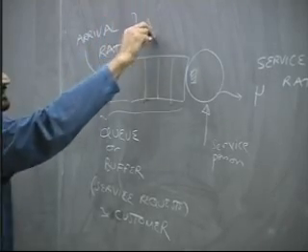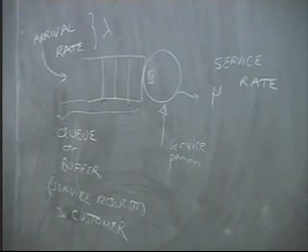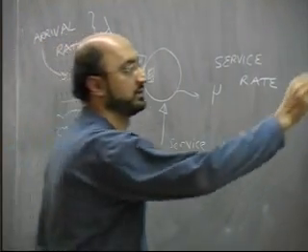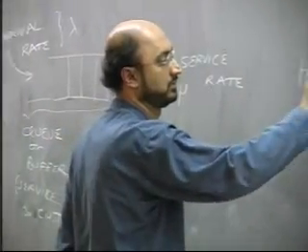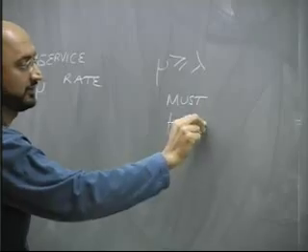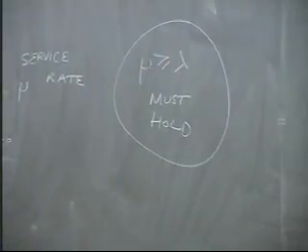We represent this as lambda. The intuitive and obvious observation is that mu has to be greater than lambda, or at least greater than or equal to lambda. As I said, you don't even need queuing theory for this. This is just obvious common sense.